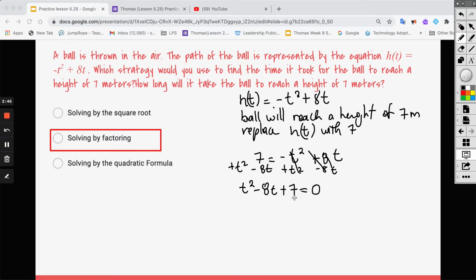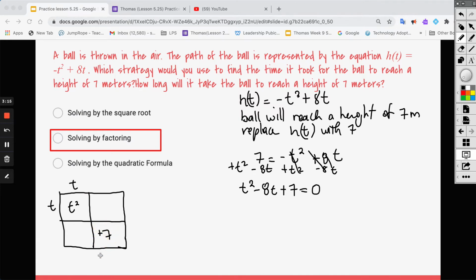I'm looking at my c term, which is 7, and I have a b term, which is a negative 8. So the factors of a positive 7 that would give me a negative 8 when I add them together would be a negative 1 and a negative 7. So when I put this in, my t squared goes here. That's going to be t multiplied by t to give t squared. I know I have a positive 7.